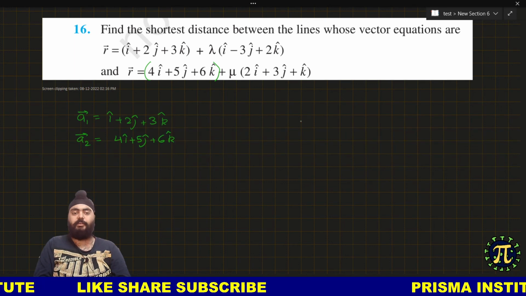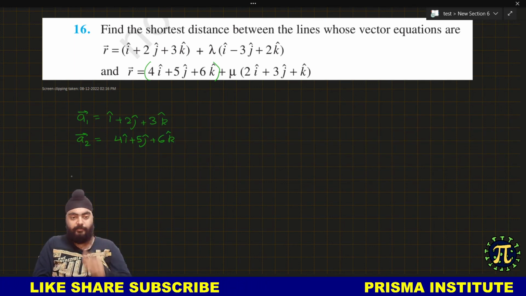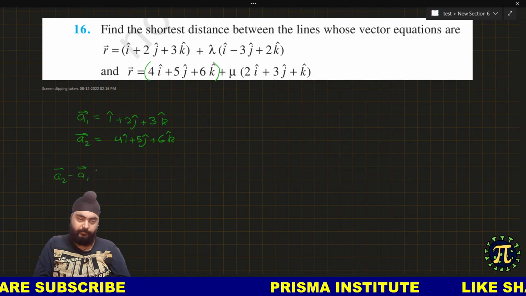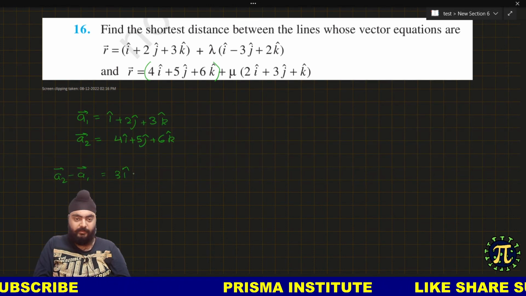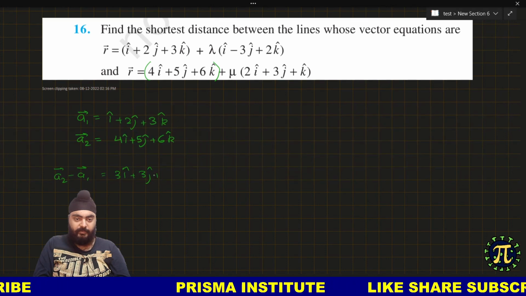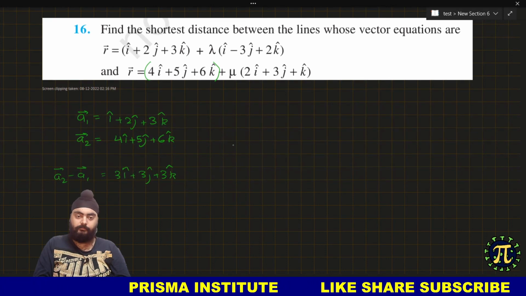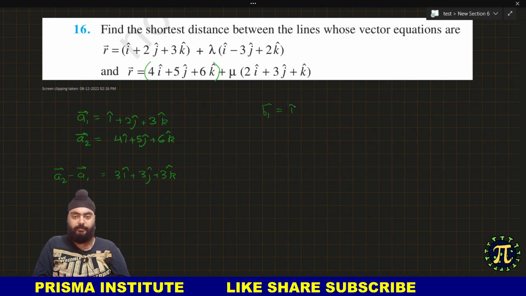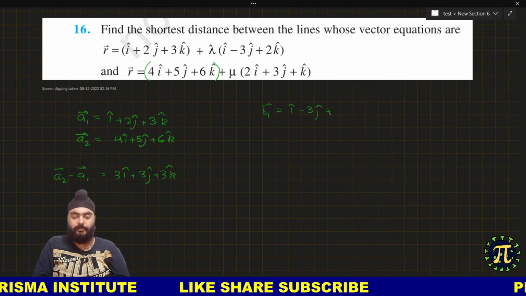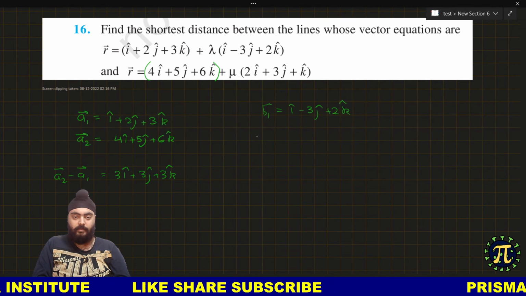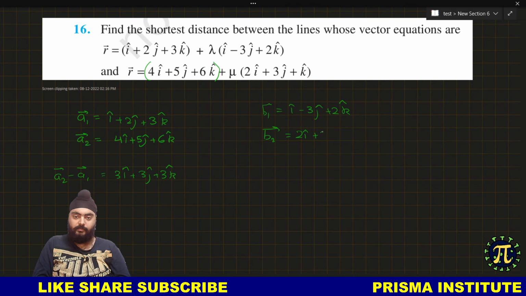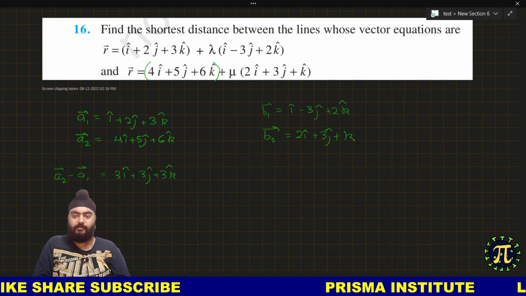So these are position vectors of the points on the line. From these we need to find a2 minus a1 vector, which is 3i plus 3j plus 3k. Then मेरे को b1 vector note down करना, which is i cap minus 3j cap plus 2k cap. b2 vector is 2i plus 3j plus k.